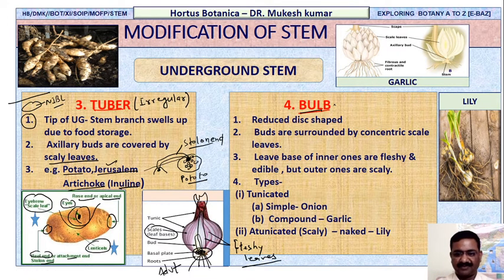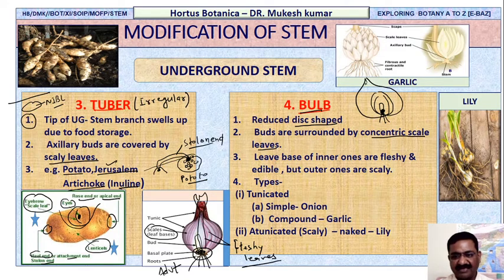Now, come to the bulb. It is a reduced disc-shaped structure, isn't it? Buds are surrounded by concentric scaly leaves. See, this is the structure: the basal plate, the adventitious roots, the bud, and it is covered by this fleshy leaf, this fleshy leaf again, and the outermost one is the scaly leaf.